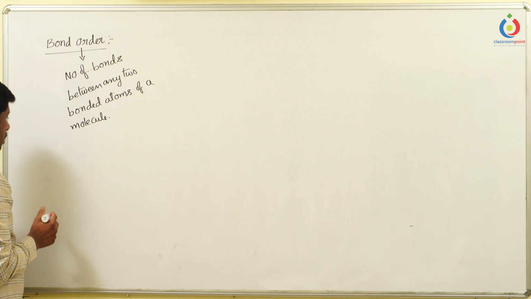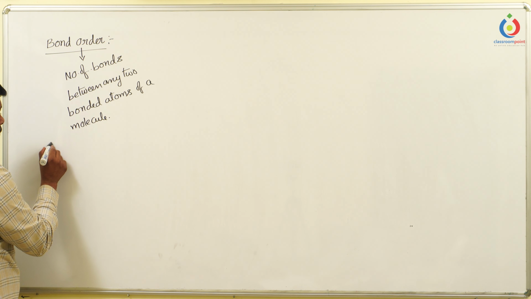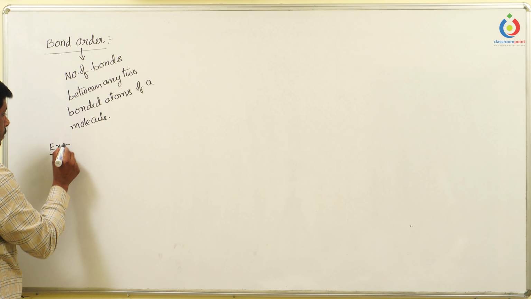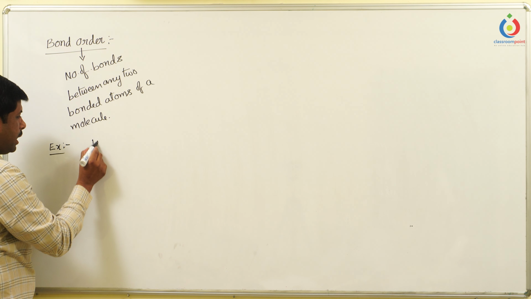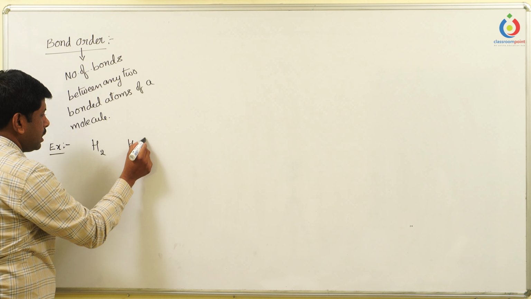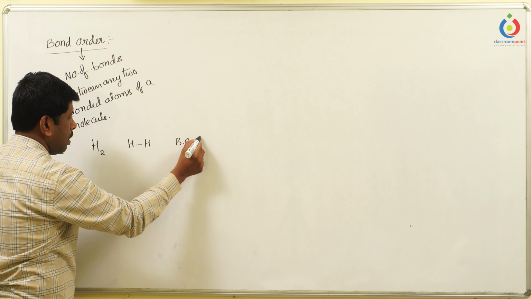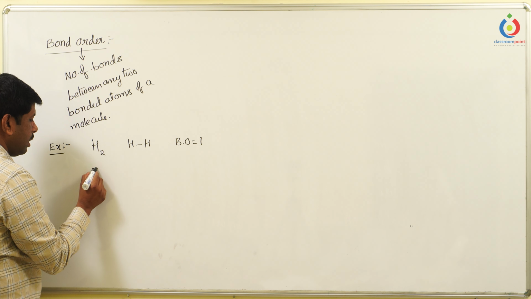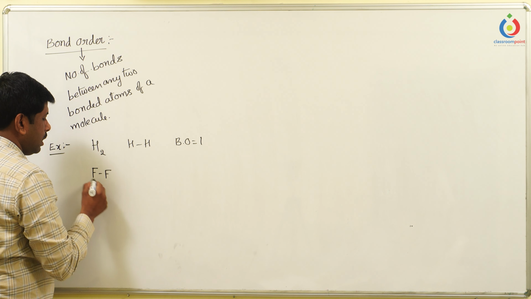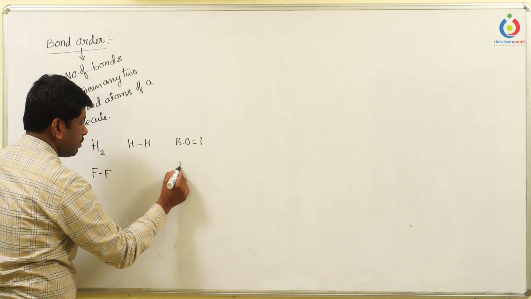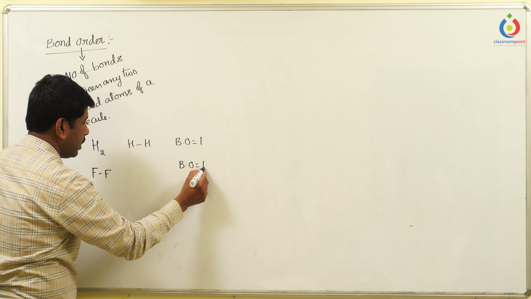So let us take an example here. We know that in the H2 molecule, there is a single bond between two hydrogen atoms, so bond order is equal to 1. Similarly, in the fluorine molecule, there is a single bond between the two fluorine atoms, so bond order is equal to 1.